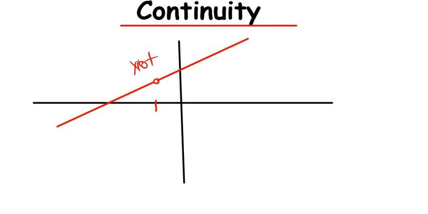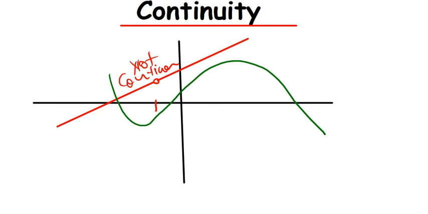If you have a curve as well, provided there's no gap, it's continuous. If you find a gap somewhere, then it's not continuous about that point. The function may even exist at a different point like this, but it is still not continuous about that point.